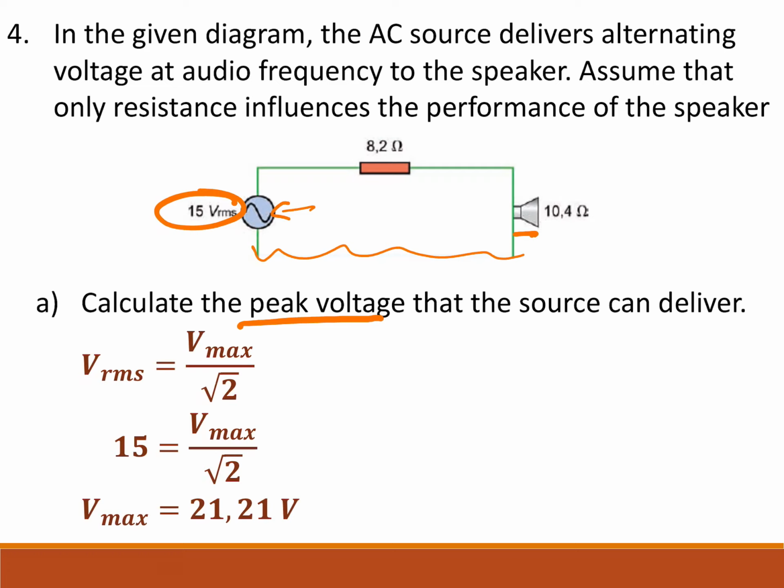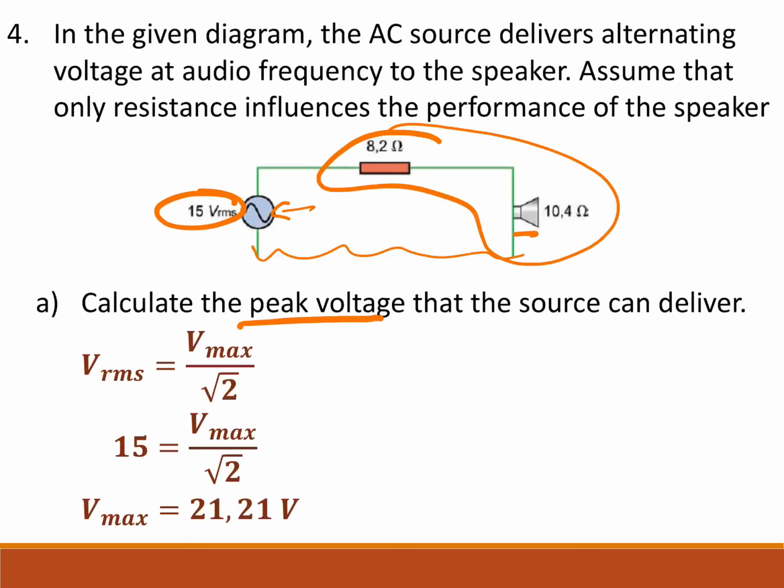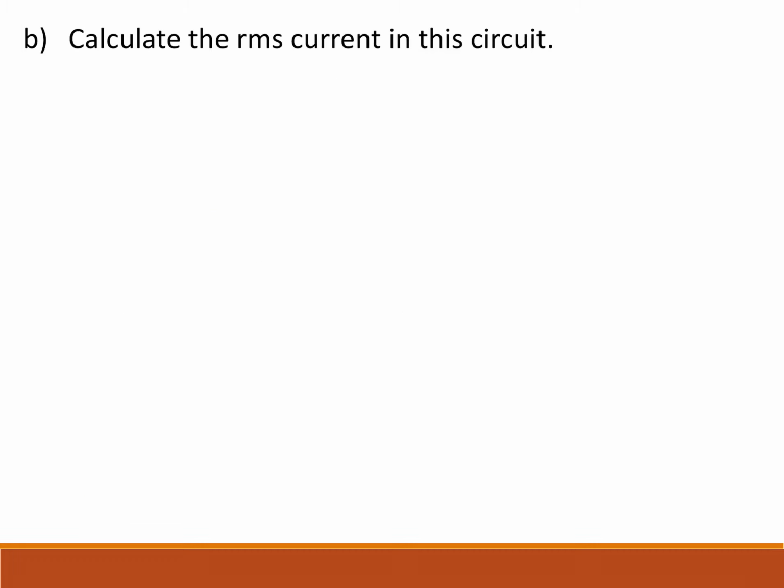Now, what we need to recognize about this particular circuit is that these are in series. Now they want the RMS current. So when we look at this we go, well, at the moment I don't even know peak. I don't know anything about the current, but I do know resistance. Whether you use VRMS over IRMS with resistance, or you use maximum and maximum, it doesn't matter.